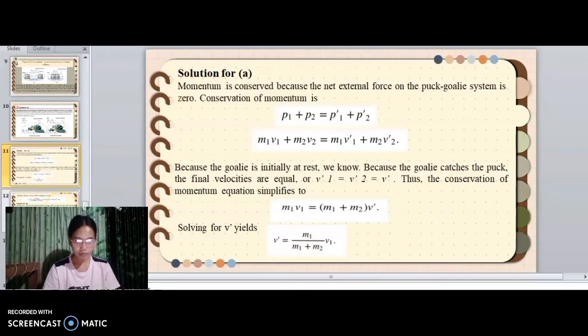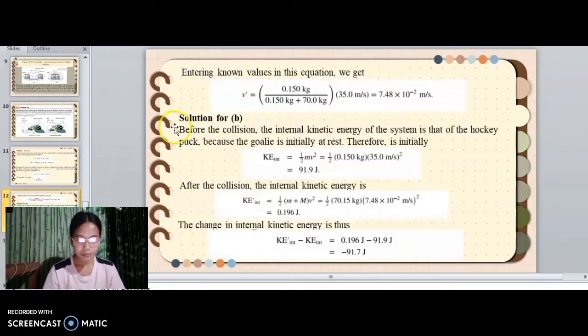Now, we are going to substitute the given values into the formula. So entering known values, we get v prime equals 0.150 kilogram over 0.150 kilogram plus 70 kilogram times our v1, 35 meters per second.